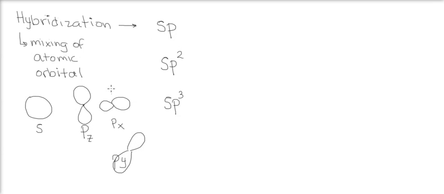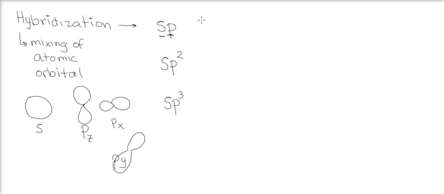So this hybridization is basically essentially taking a combination of 2 or more of these orbitals to get new orbitals for bonding. So as the names indicate, sp is a combination of one s orbital and one p orbital. We're just going to take the px for visualization purposes because it is much simpler to visualize.